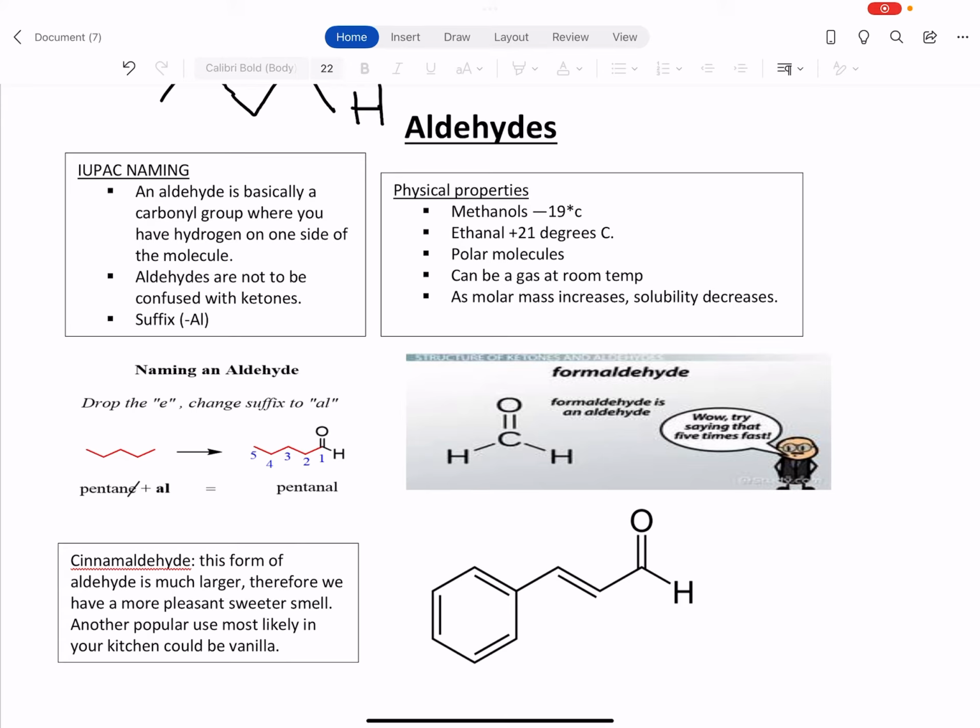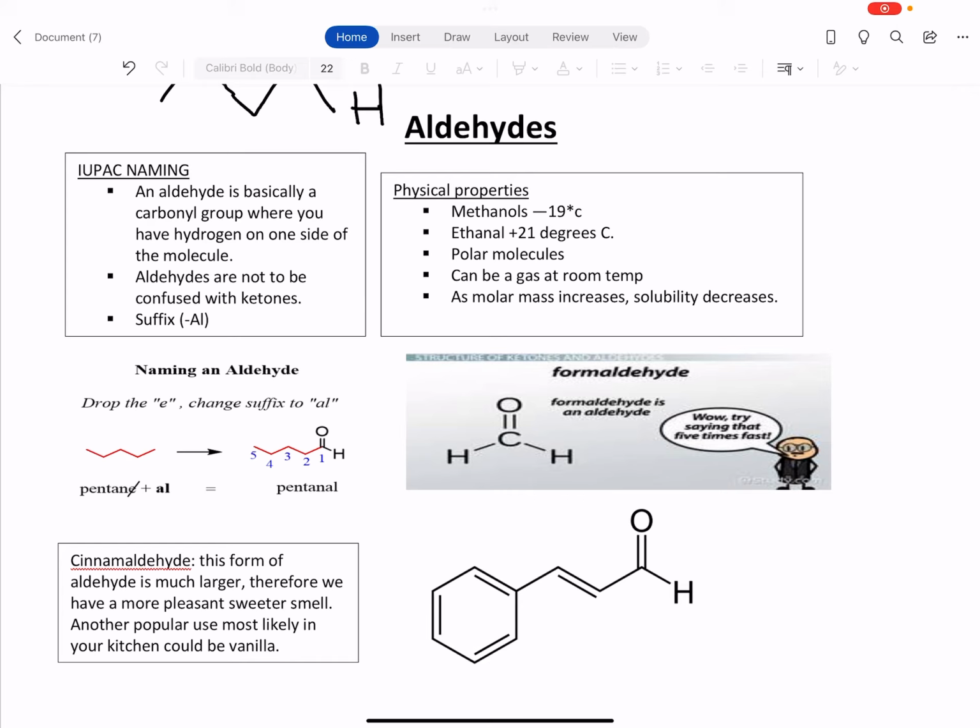So let's get into some of the structure. The structure of an aldehyde is very important, like I said before, because the size of the molecule will dictate the smell of an odor or how strong it is. The smaller the molecule, the more unpleasant the odors can be. This is, like I said before, a key factor in remembering an aldehyde.